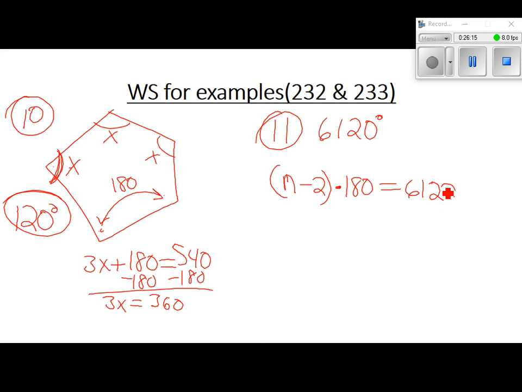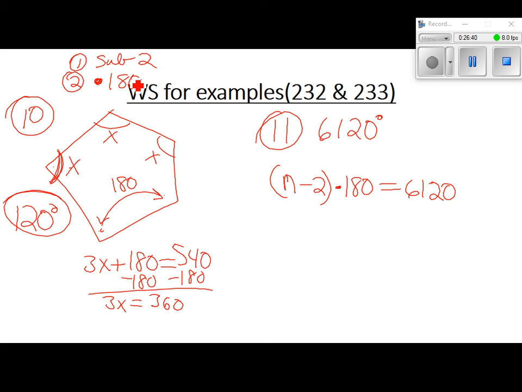Now, even though we're working backwards, is that an equation we can still solve? Yeah. Now, when we were doing this equation normally, first step, we subtracted 2. Second step, we multiplied by 180. What are you going to do if you have to work it backwards? And you might want to write this down.